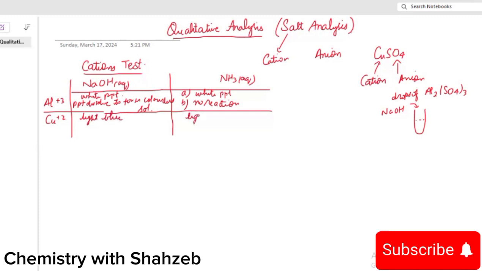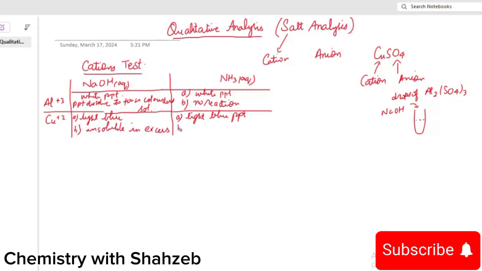Light blue precipitate forms on addition of drops of sodium hydroxide or ammonia. But on addition of excess sodium hydroxide, the precipitate is insoluble in excess, so the particles would remain there.